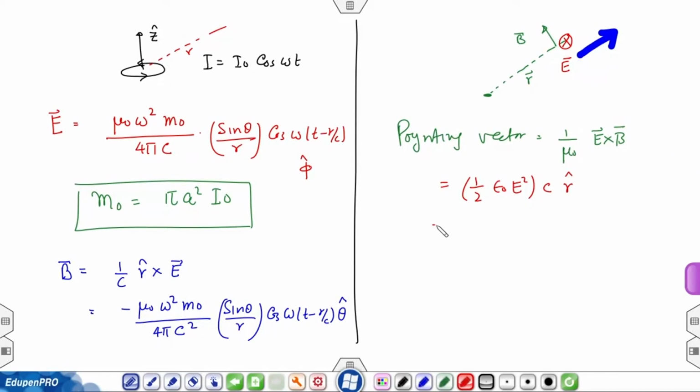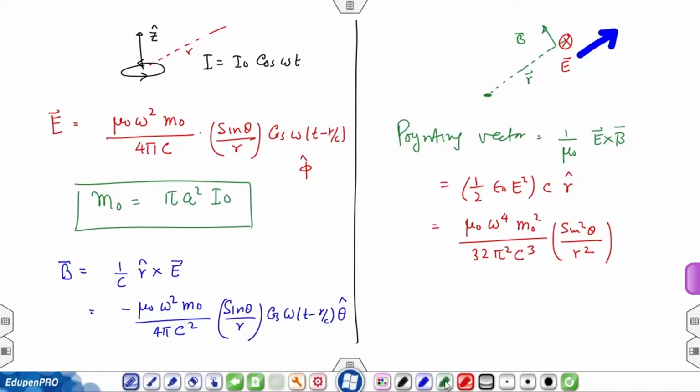This comes out to be equal to mu 0 omega raised to 4 m 0 square divided by 32 pi square c cubed, sine square theta over r square.